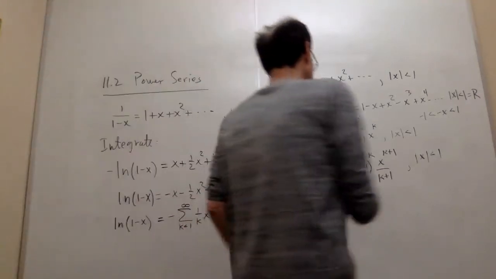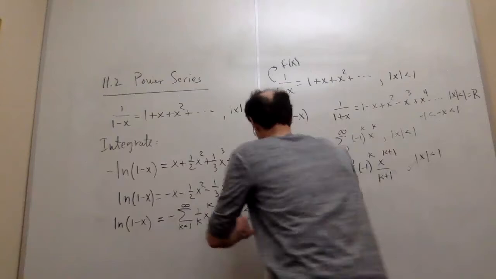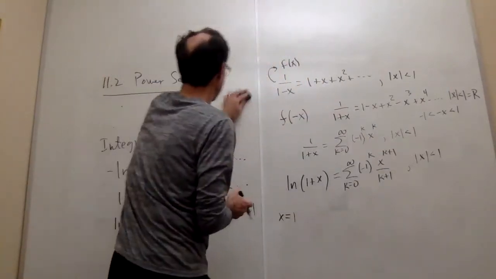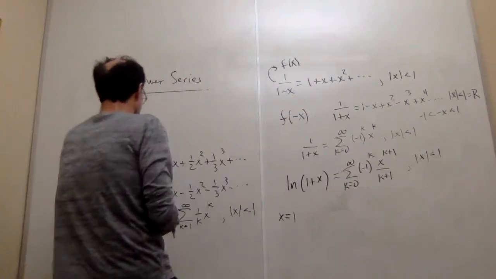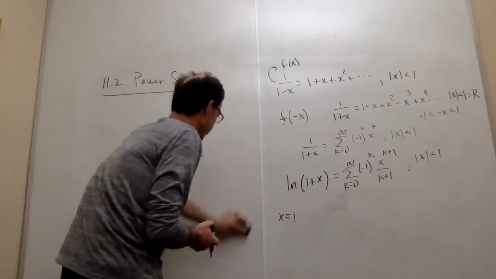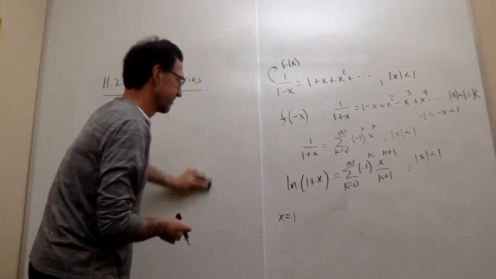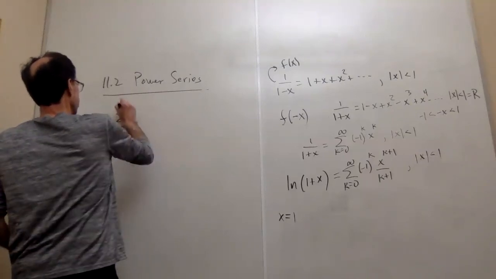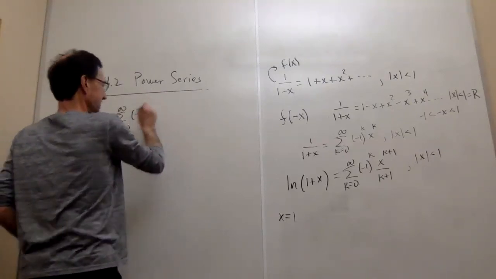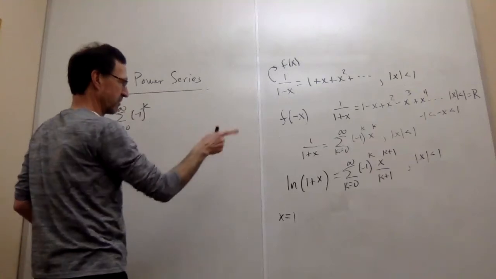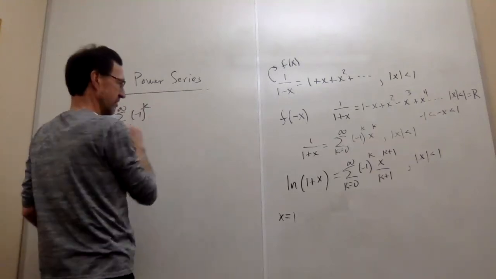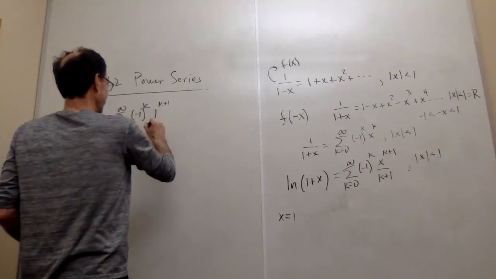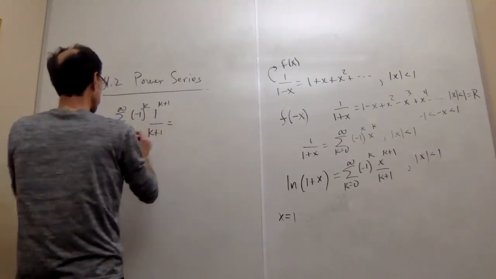So at x equals 1, the series looks like this. Let me go up high so it won't hurt my back. I get summation k equals 0 to infinity minus 1 to the k, and we're plugging in 1, so 1 to the k plus 1, divided by k plus 1. Let's just write some terms out.